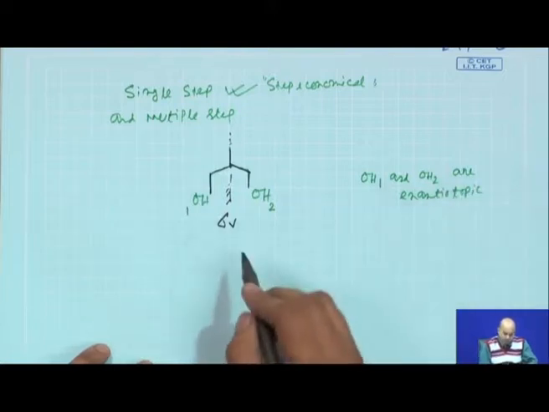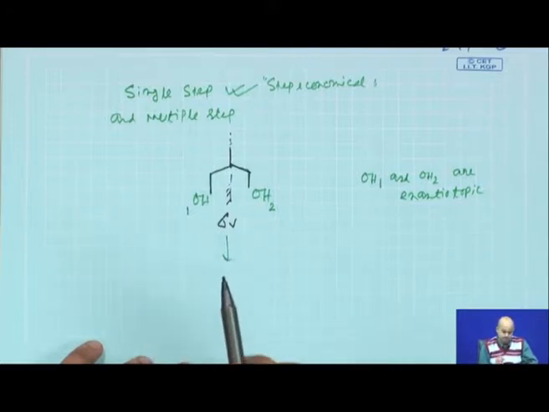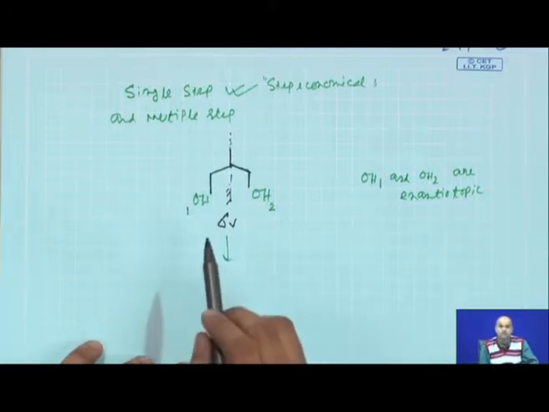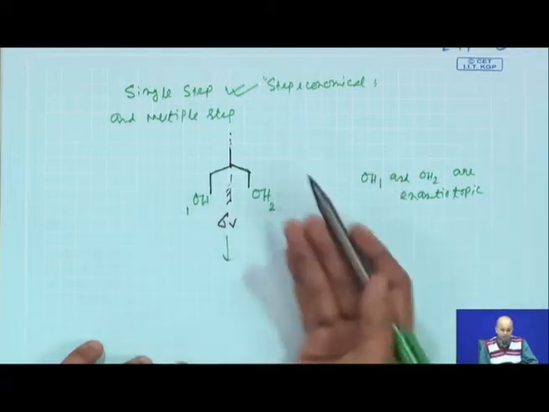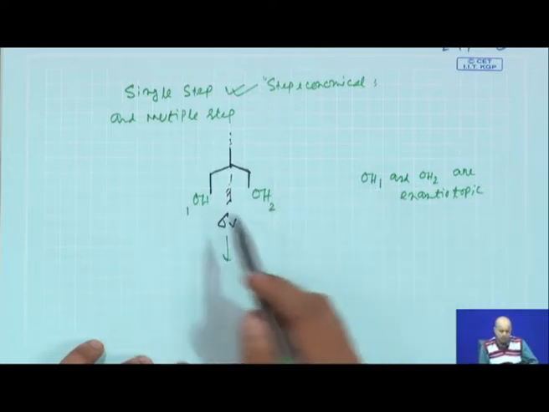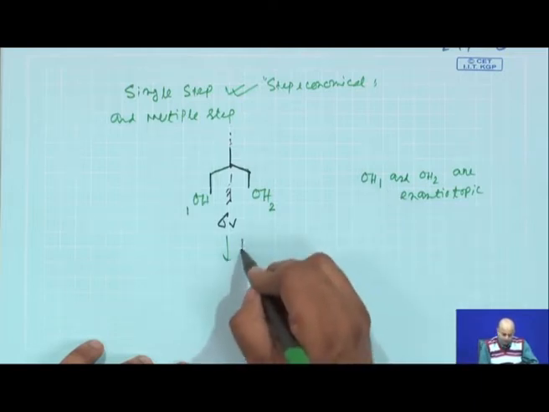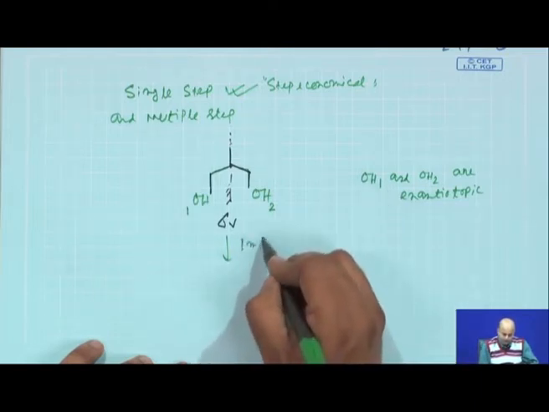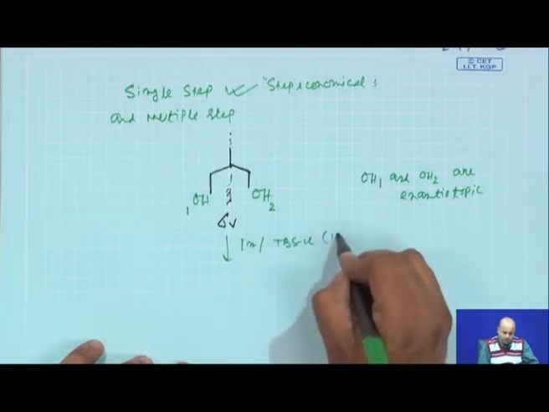Now, is there a way you can desymmetrize the molecule? You say that definitely, sir, it is possible. You have both OH groups, so why not do a selective protection of one of the OH groups? The protecting group chemistry all of you have already learned. So what you do is use stoichiometric imidazole and, let us say, TBS chloride, 1 equivalent.